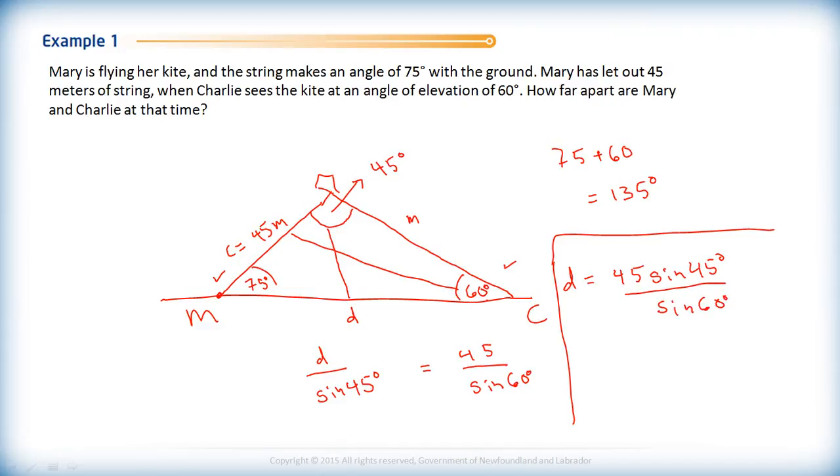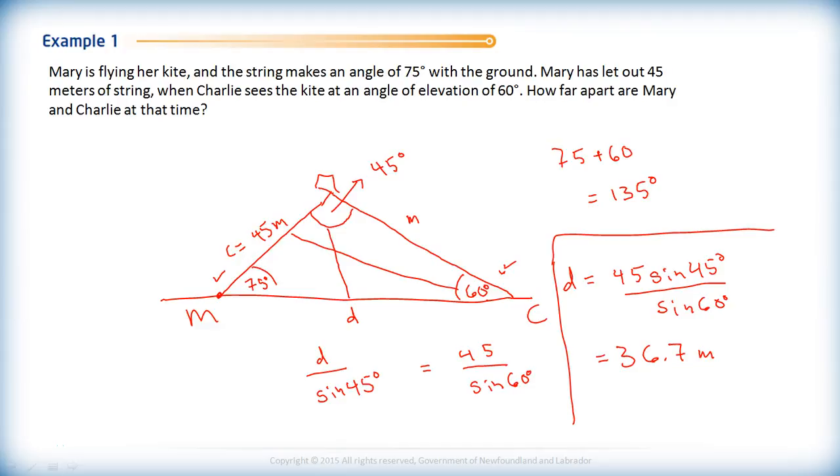Any good calculator will be able to tell us an answer there. So we punch in 45 sine 45 divided by sine 60, and my handy calculator tells me it's 36.7 meters roughly. So that's how far apart Mary and Charlie are.